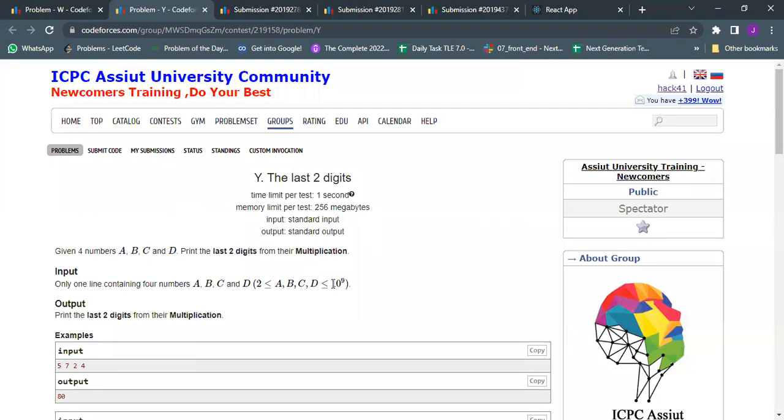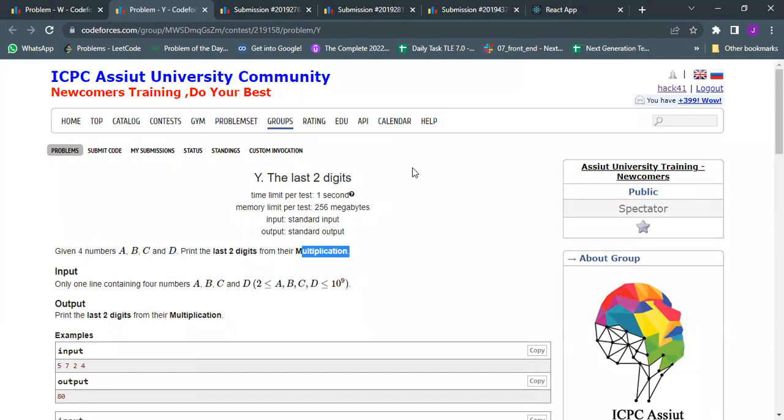Okay, cool. So we are given here 4 integers, 4 numbers, and every number can be from 2 to 10 to the power 9. And you have to print the last 2 digits after their multiplication.